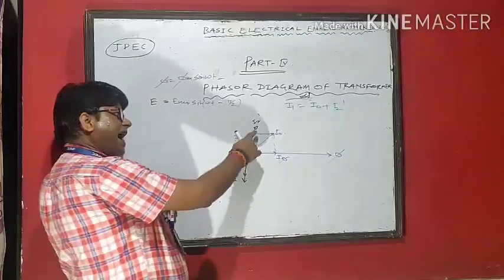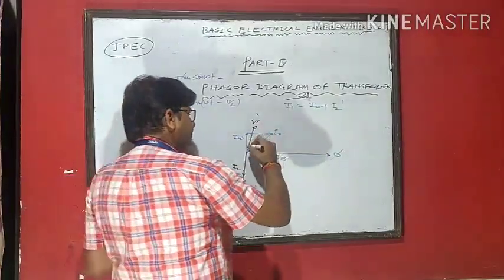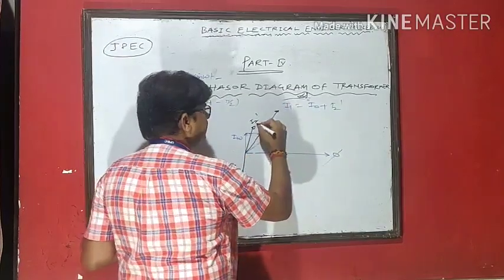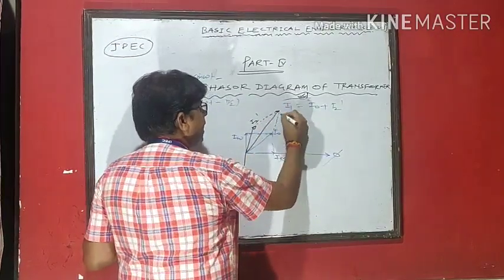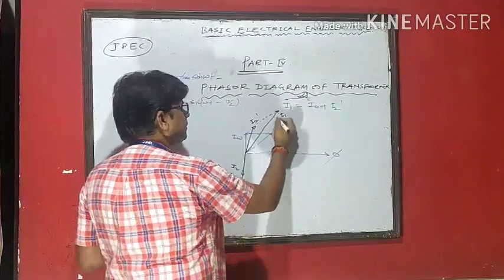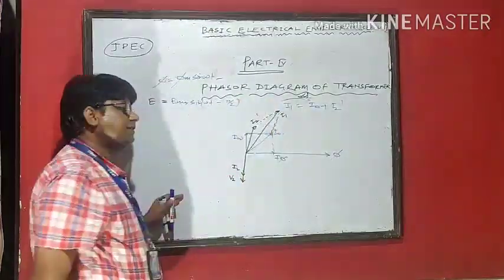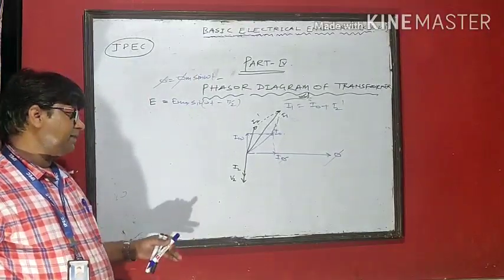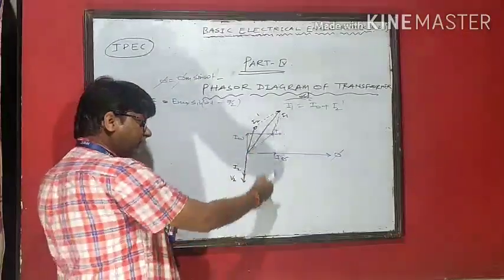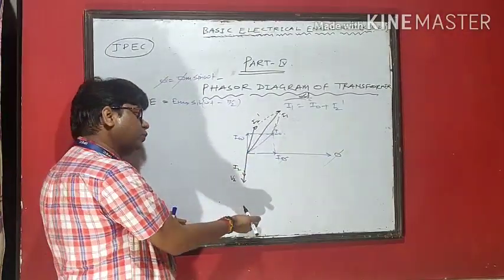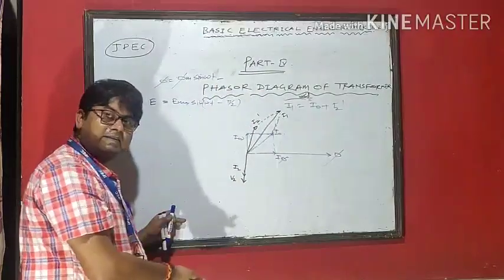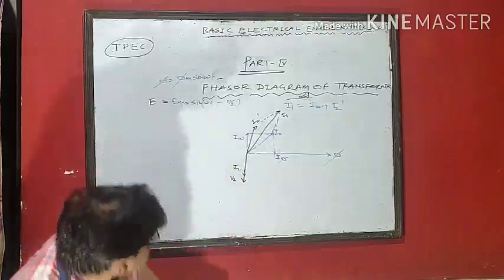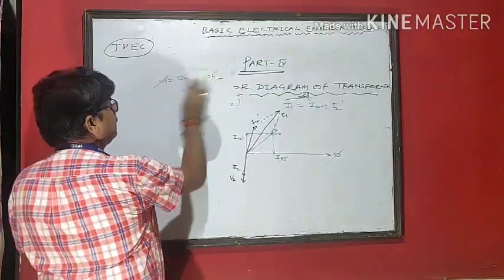And the resultant of I2 dash and I naught is I1. First we get I1, that is the primary current. We know that E1 is below the reference line, so its magnitude can be transferred to above the reference line. The E1 is taken as here.